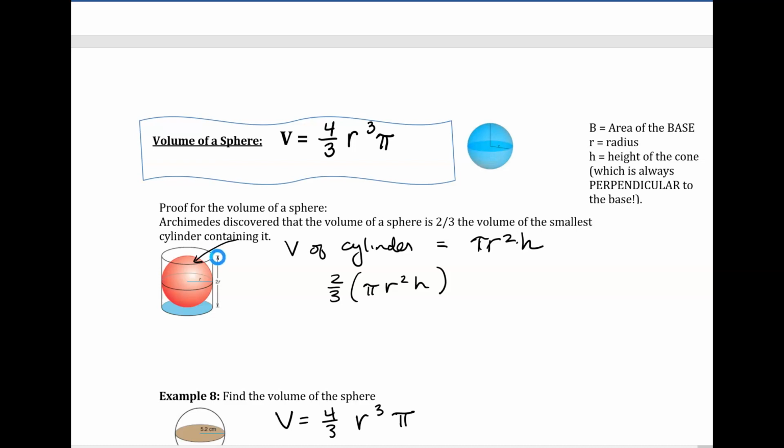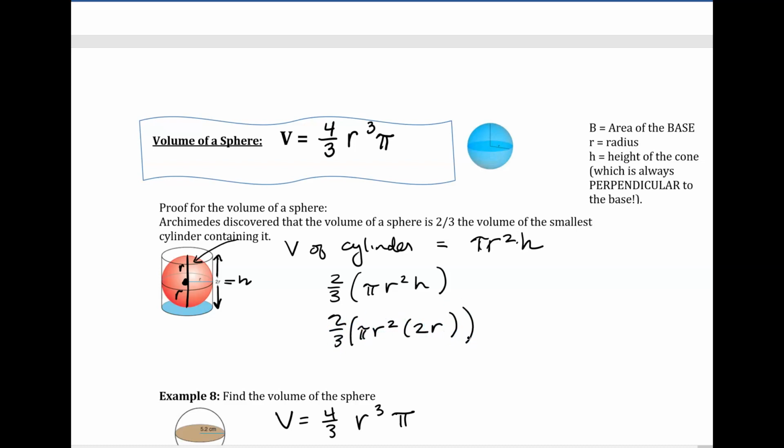And if you look at the height of the cylinder, well, the height of the cylinder is kind of like the diameter of the sphere. So if the diameter is 2 times the radius, that would be the height. So 2r is equal to the height. So this is r, and 2r is going to be the height of the cylinder.